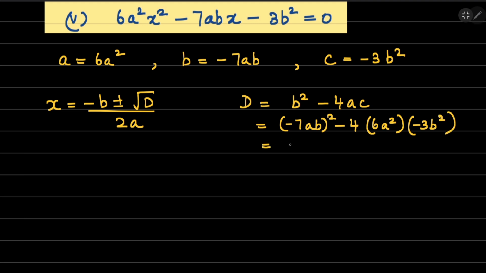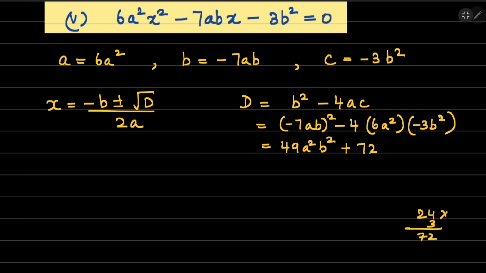Okay, so what do you get here? Minus square is negative, the whole square is positive, 7 square is 49 a square b square, minus into here what do you have? c. This is a minus, into minus is plus. So put a plus, and then 4 6s are 24. 24 into 3. What is 24 multiplied by 3? 72.